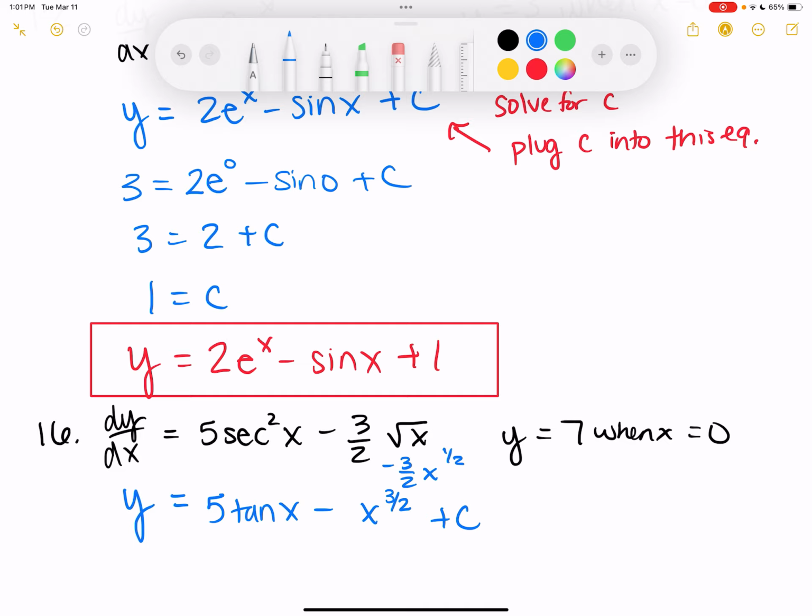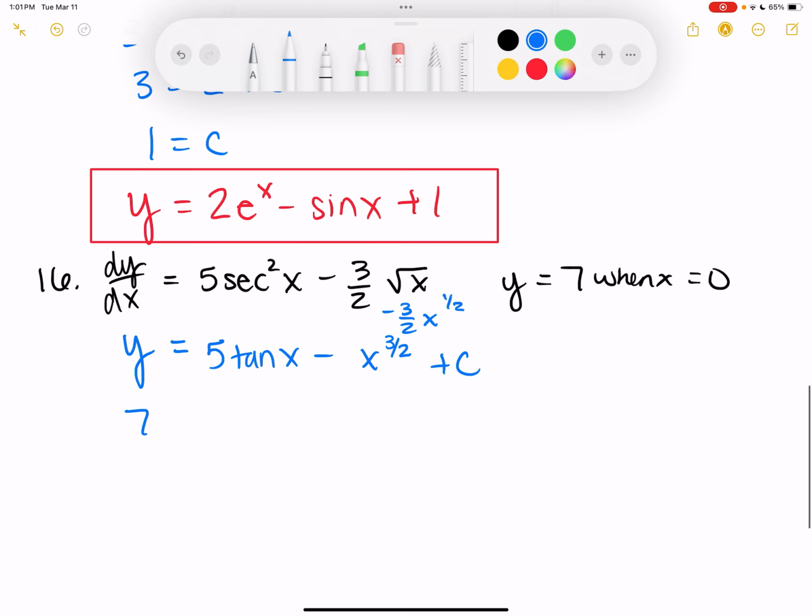All right, so now we plug in. So 7 equals 5 times the tangent of 0 minus 0 to the 3/2. They're being so nice. Tangent of 0 is what? 0 minus 0, so c equals 7.